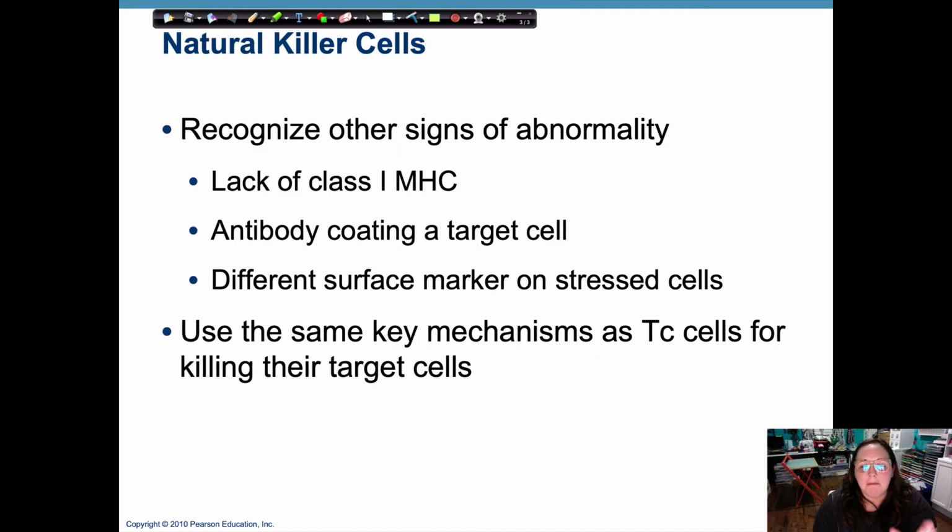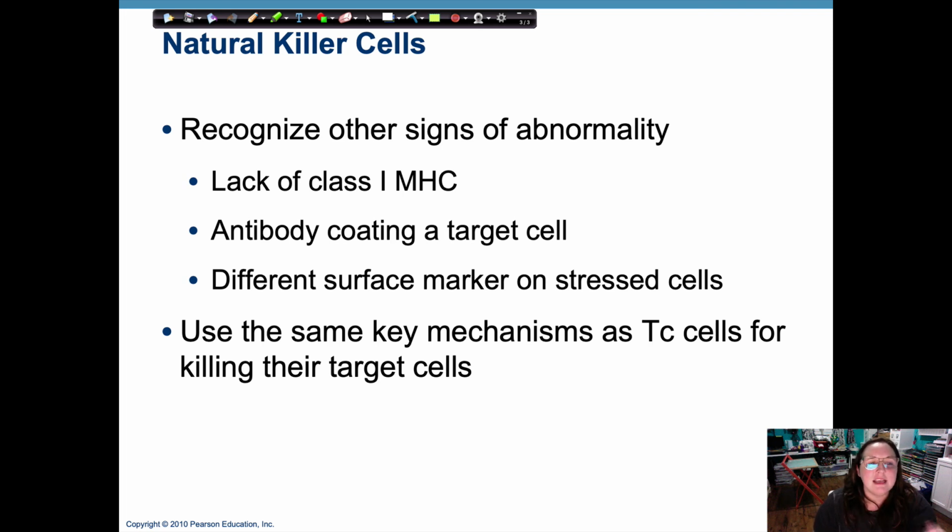Just to jump back into innate immunity really quick, because all of this is so intertwined. You remember those natural killer cells? Natural killer cells were not adaptive. They're not worrying about specific antigens like adaptive immunity is. But remember, they're going around and killing things in the innate system: anything that lacks a class 1 MHC antigen, anything that an antibody has coded, or anything that has a different marker on the outside of the cell that tells the natural killer cell it's not supposed to be there.